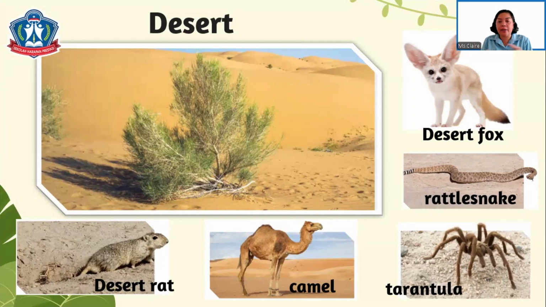In a desert, there is only very little rainfall. So deserts are hot and have dry soil. These animals are suited to live there because they can survive in a desert area with only a little amount of water or rainfall.